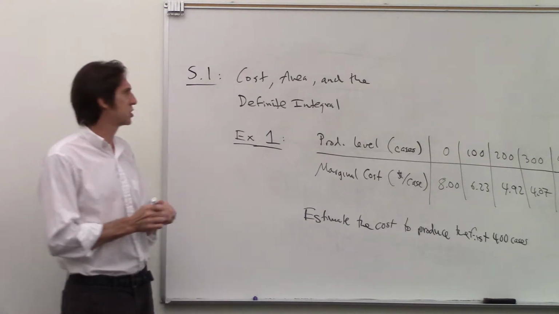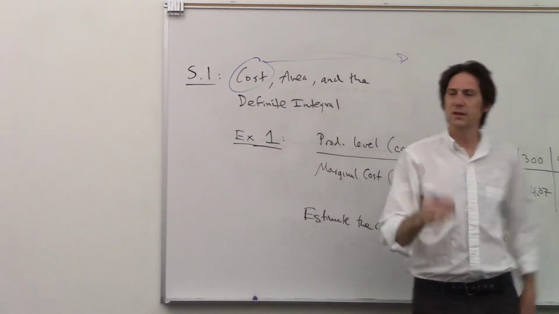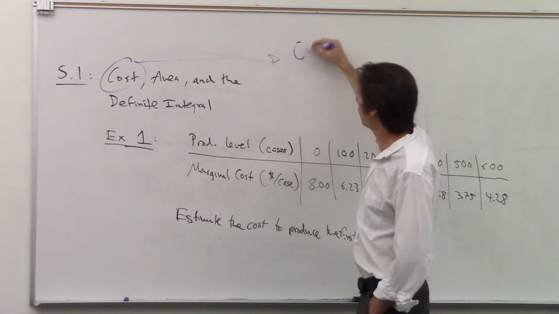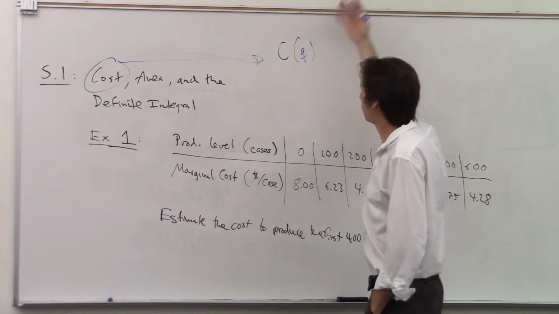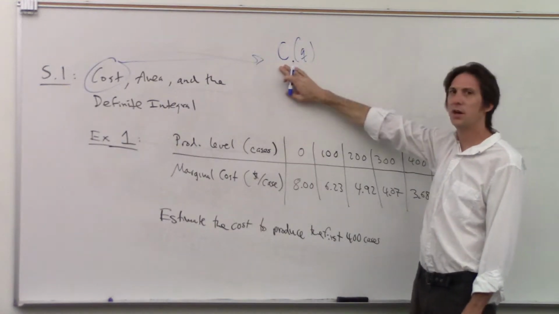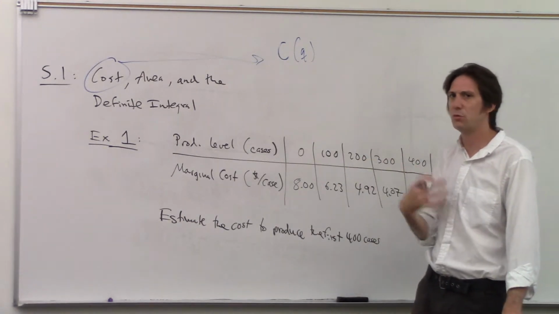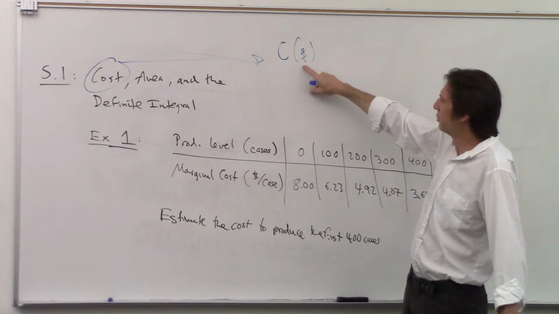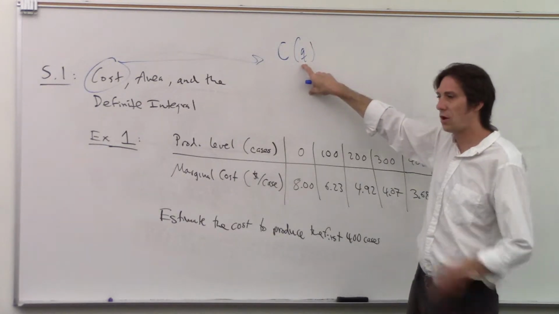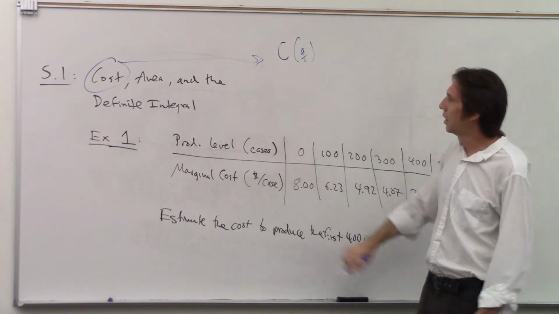In a previous section, we talked about cost, and at the time we wrote down some formula. It was probably a polynomial for the total cost C to produce some amount of some item or unit. And then we used the letter Q to represent the number of units of that particular good that the company made.